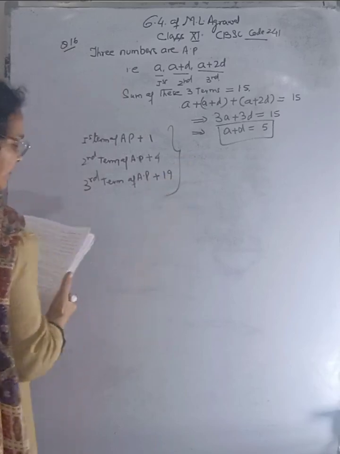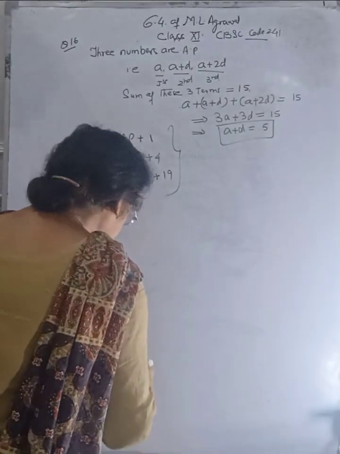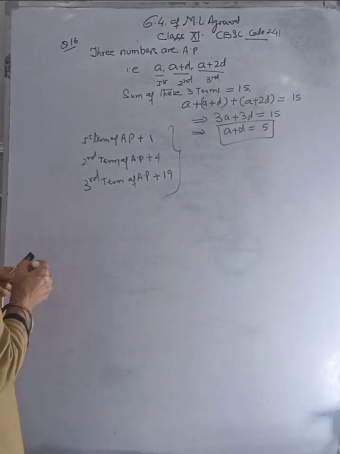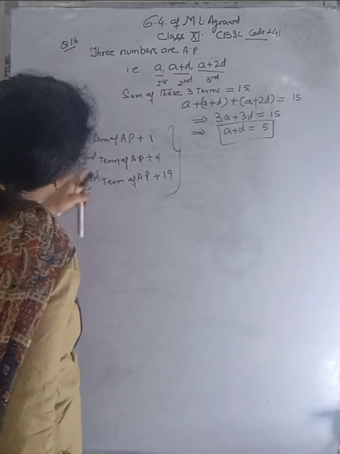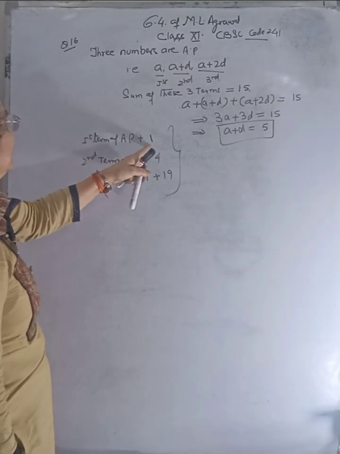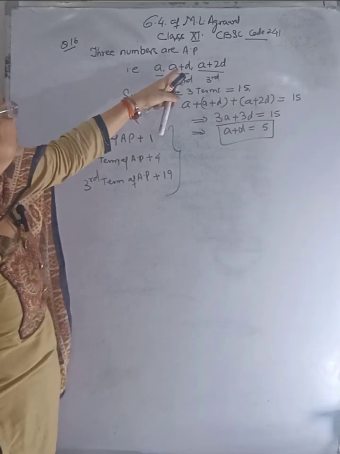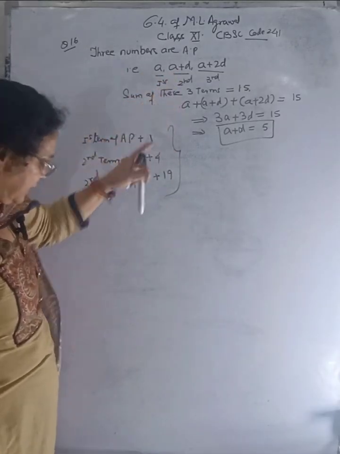Then we have got a new series by adding 1 in the first term, 4 in the second term, 19 in the third term.